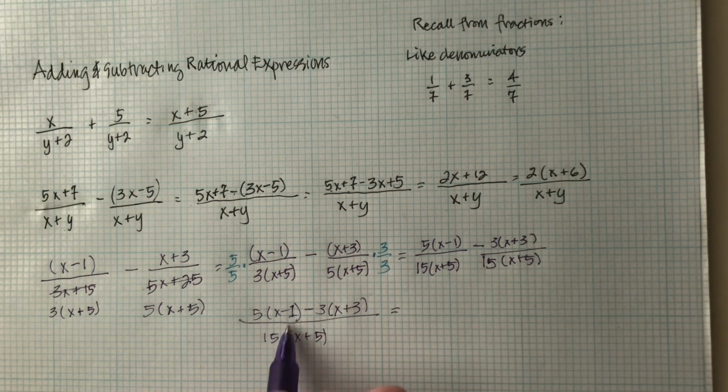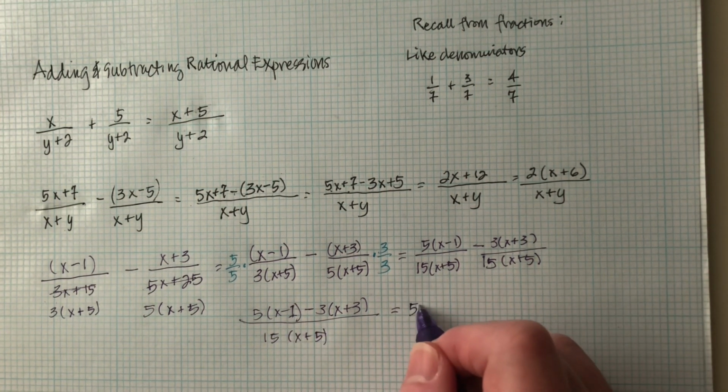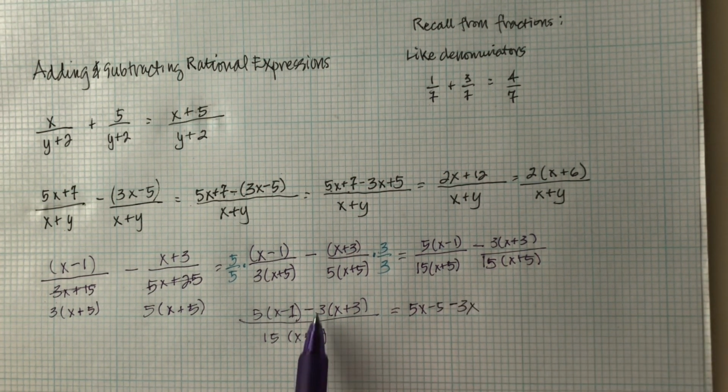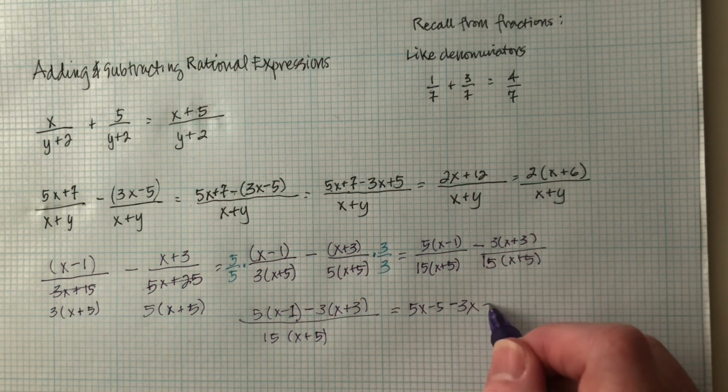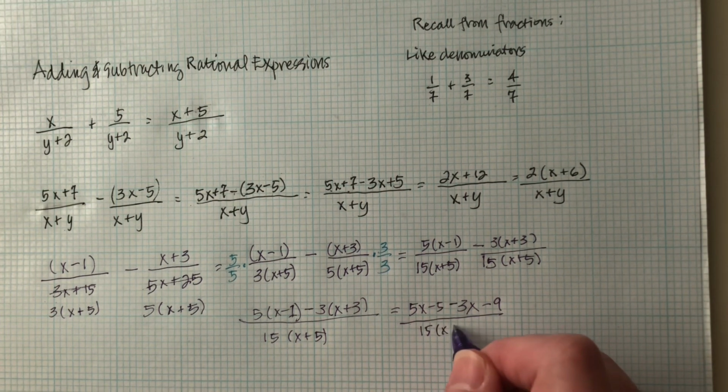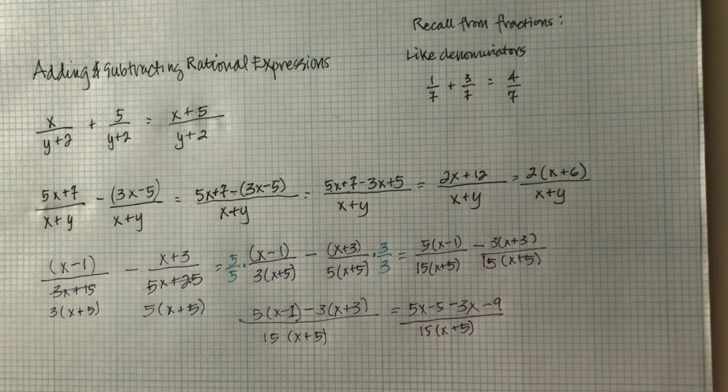So I'm going to do all my distribution in this step. 5x minus 5 minus 3x, and be careful here, it's going to be minus 9, negative 3 times 3. So minus 9 over the quantity 15 times x plus 5.